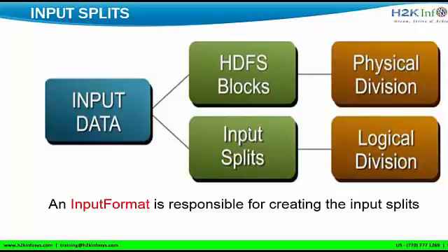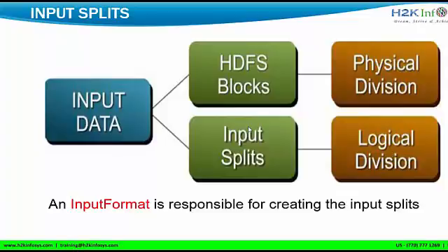So once any input file is given to the job tracker, the job tracker will go back to this input format and ask it to create the required input splits for that particular file or block. So once the input splits are available, it will count how many splits in total I have, such that I can give these input splits to my mapper.